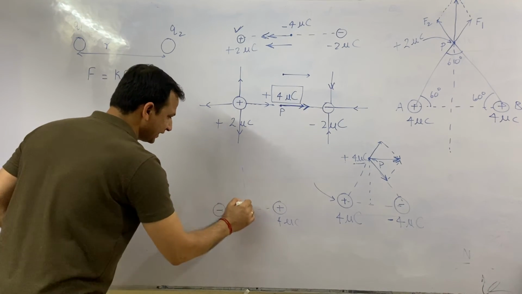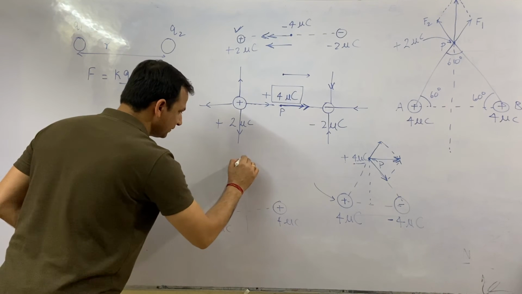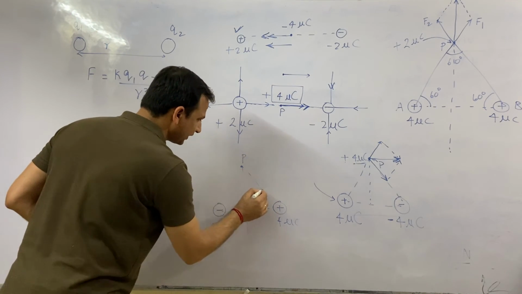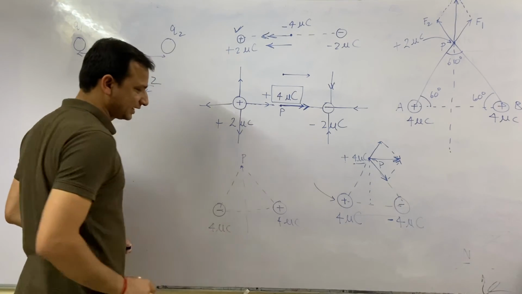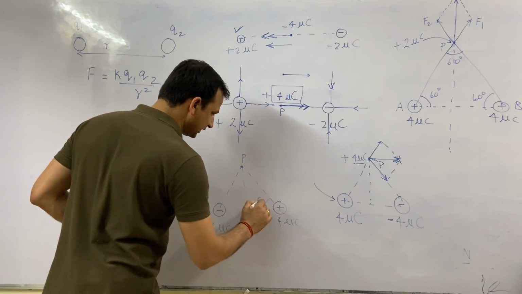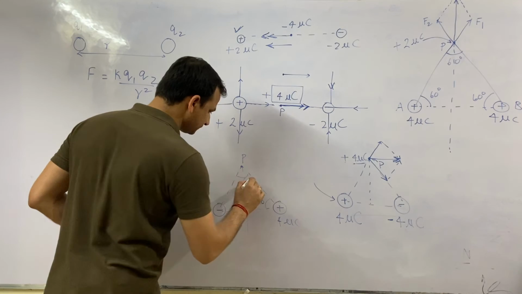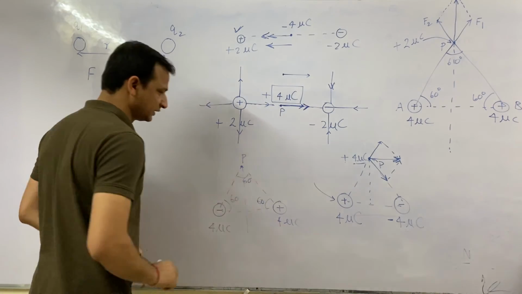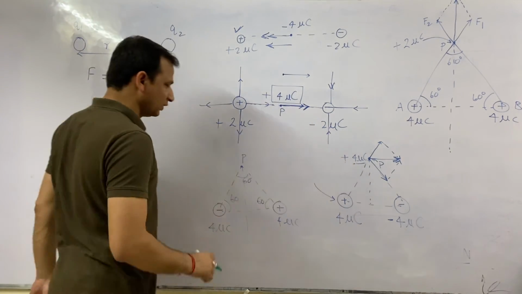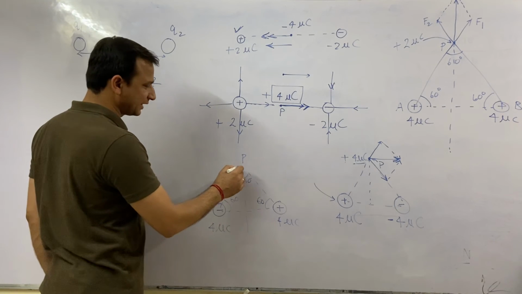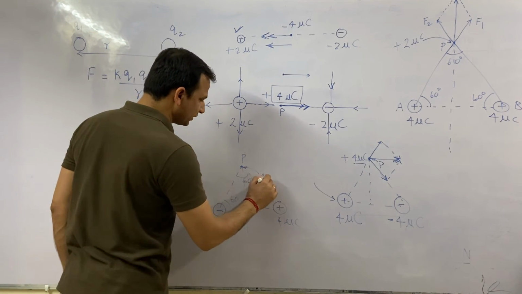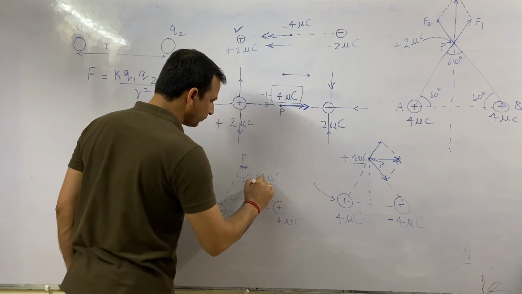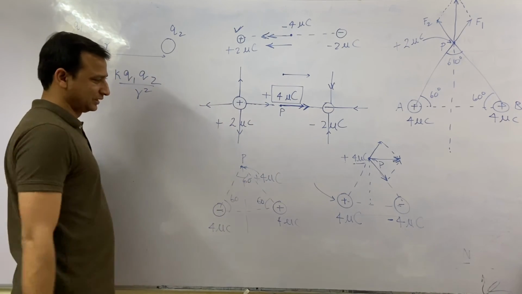On the equatorial plane there is a point P, and this point P is forming an equilateral triangle again. So this is 60, 60, 60. If we apply the same concept, what would be the direction of force acting at point P if we are keeping the same 4 microcoulomb of positive charge at point P?